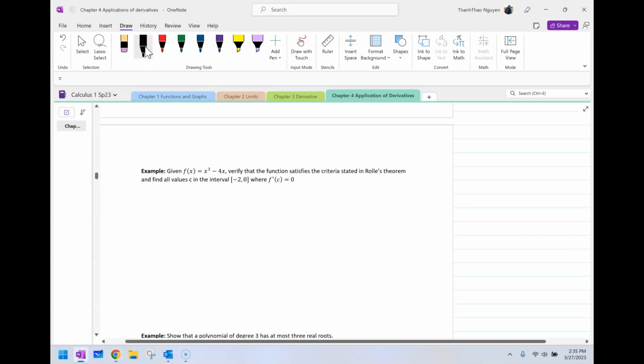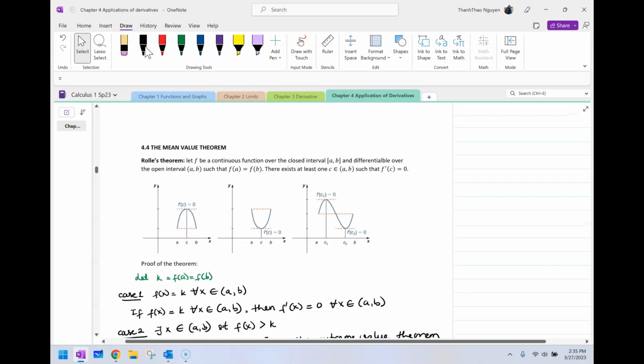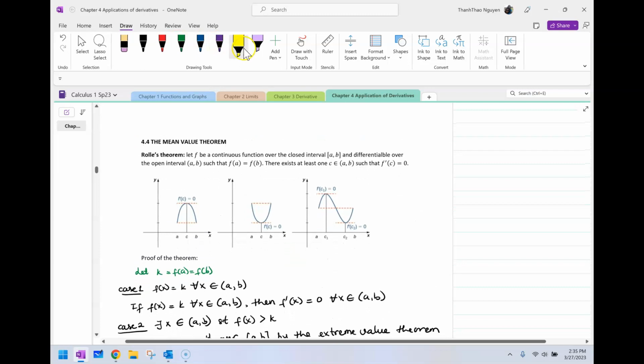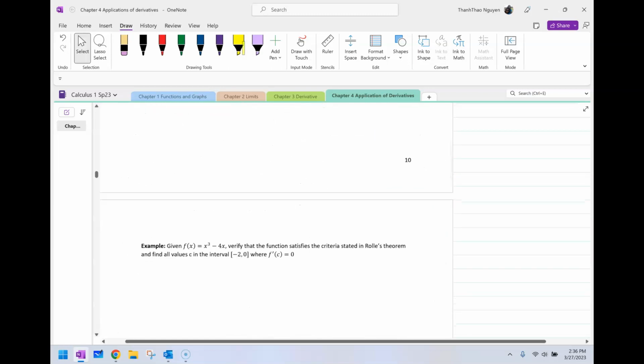What are the conditions? f is a continuous function over the closed interval and differentiable over the open interval (a,b), such that f(a) equals f(b). Okay, so let's take a look.